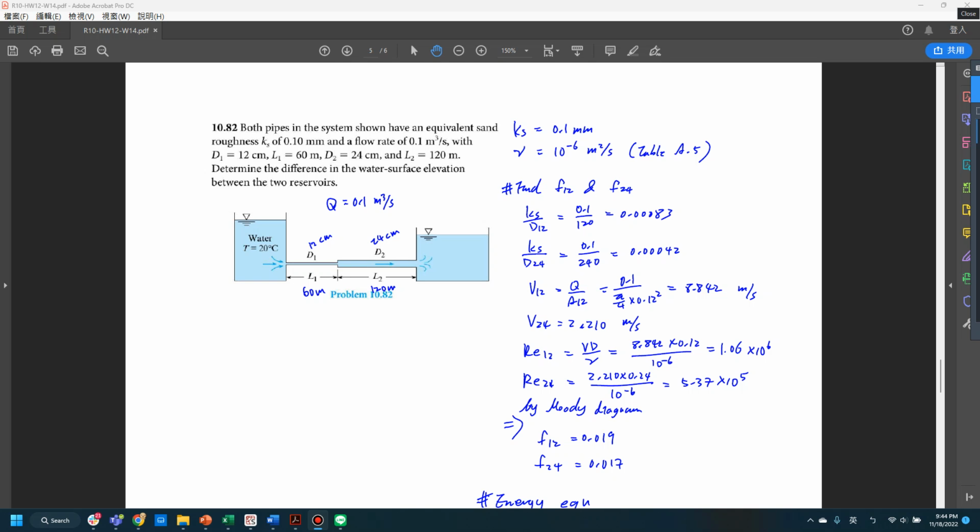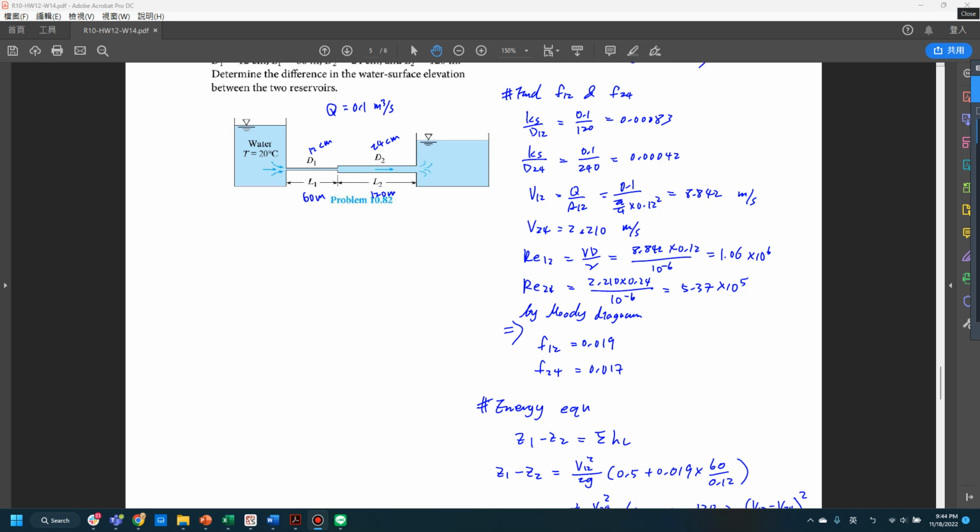I show you the equations here, and you can simply apply the equations of the Reynolds number and the relative roughness to calculate these two terms for the two pipes. Then you apply the Moody diagram to find the factor F for pipe 1 and pipe 2, which is equal to 0.019 and 0.017 respectively.